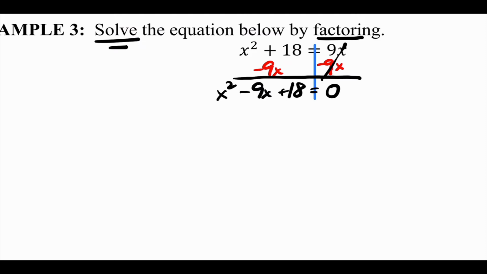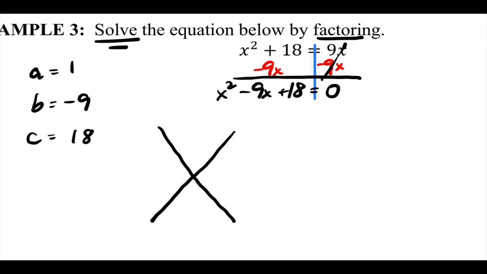Step 2, ABC. A is 1, B is negative 9, C is 18. Step 3. Okay.